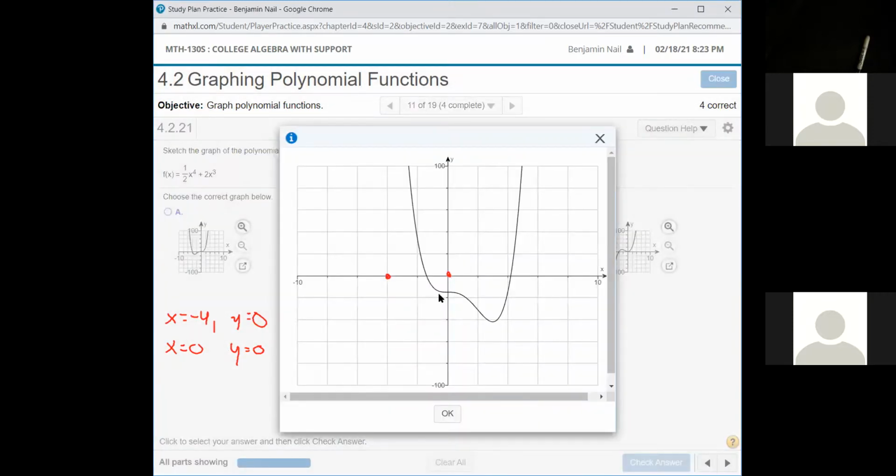Okay. So if we look, this is graph B here. Okay. B gives us clearly different zeros, somewhere between 1 and 2, somewhere a little bigger than 4.